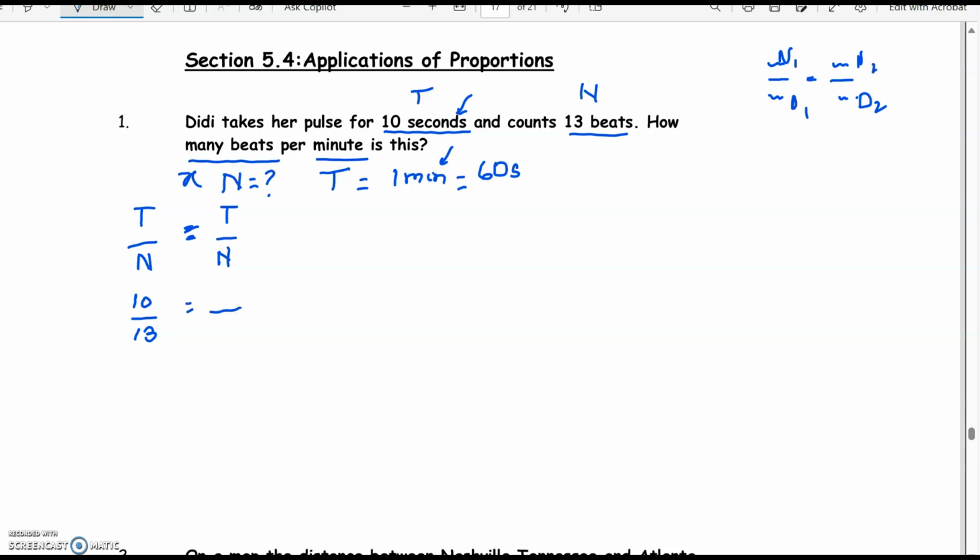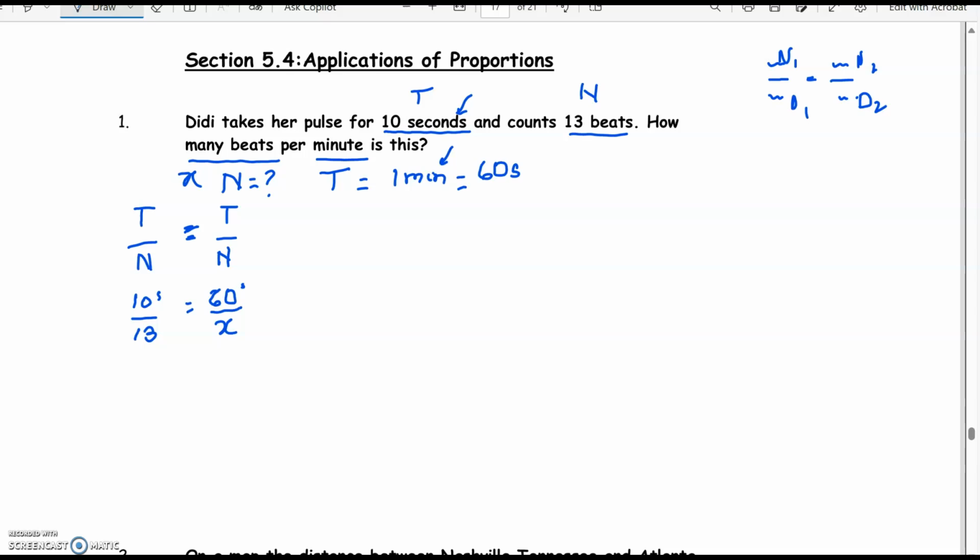Now we're going to find out how many beats in 1 minute. So the number in the numerator is the time, which is 60 seconds. I'm just going to put seconds here so that we know. And then it says how many beats. We don't know how many beats, so we're going to call it x. So there you are. We've set up the equation.